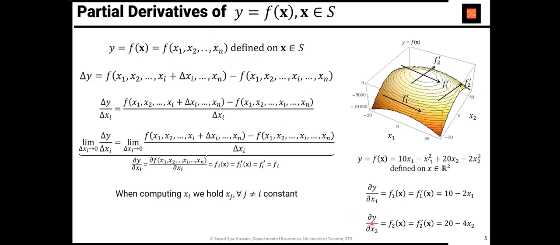Similarly, what's the slope of the y function with respect to x2 holding x1 constant? Since there's no x2 here, this goes to 0. There's no x2 here, that also goes to 0. There is an x2 here, this derivative becomes 20. That derivative becomes minus 4x2. So you'll notice that there were no cross terms in x1, x2, right? So this gives you the slope seen from the x1 plane. This gives you the slope seen from the x2 plane.